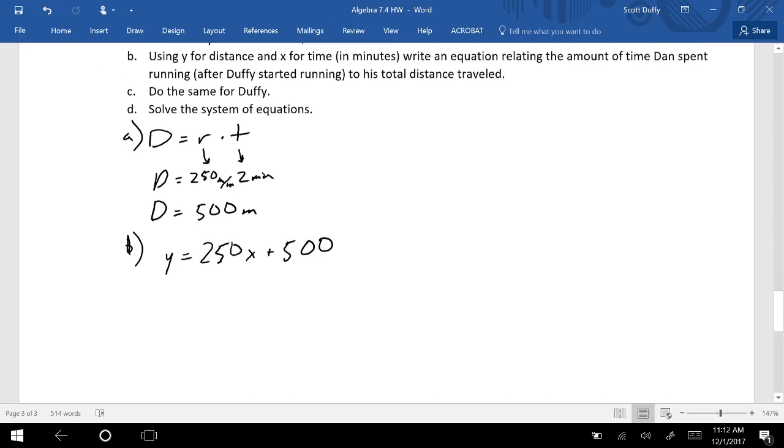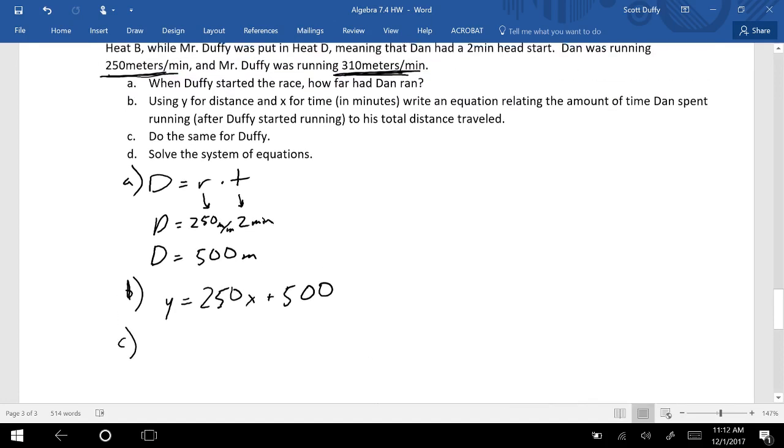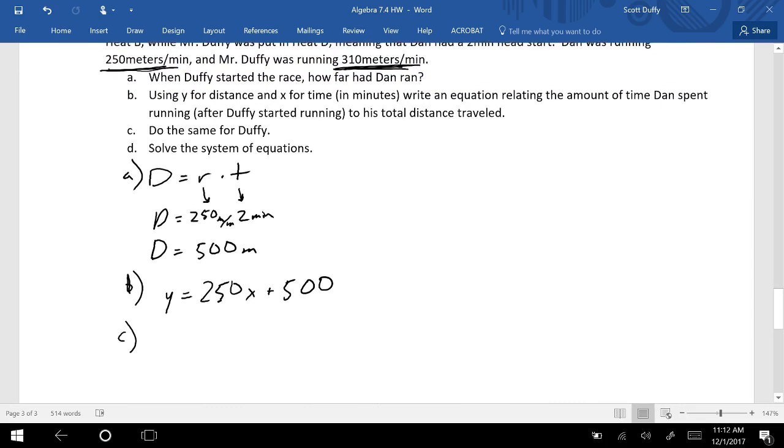I'm going to do the same for me. So part C, I didn't start with a head start, so I don't have a y-intercept. All I know is I'm starting from the beginning, and I'm running 310 meters per minute. So I take 310, multiply by my time.